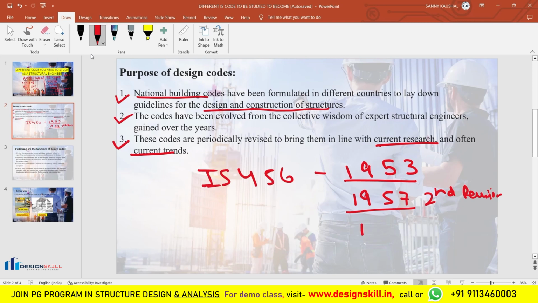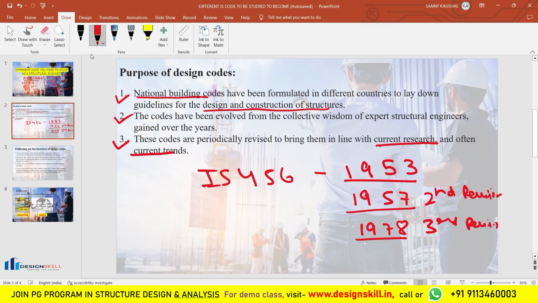Again in 1978 the third revision came, and according to the research and current trends of 1978, the code got changed and revised. The expert structural engineers gave some revisions in this code, and this revision was done on the basis of that time, in 1978.